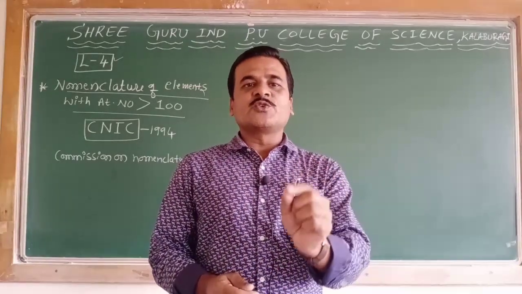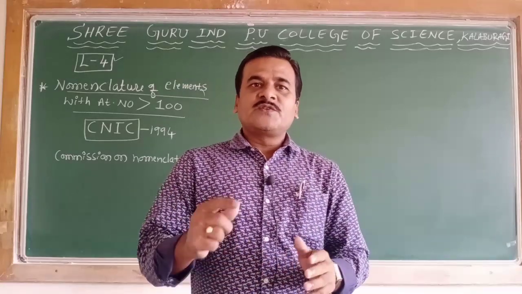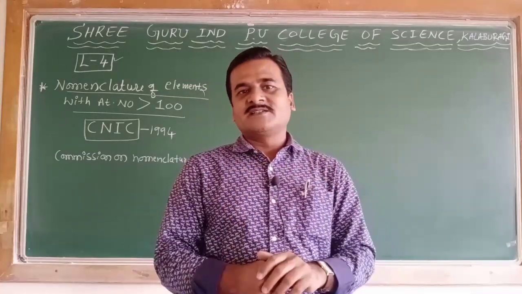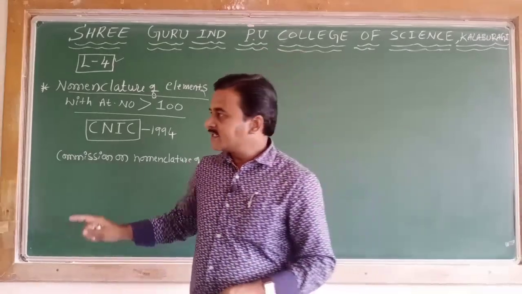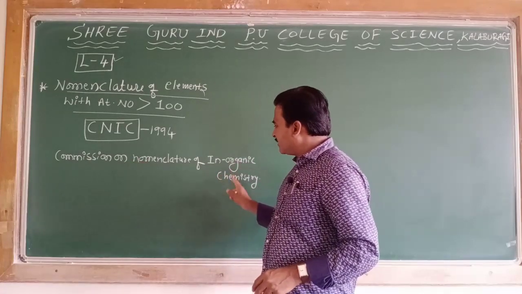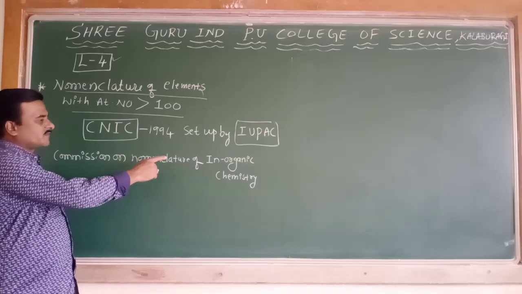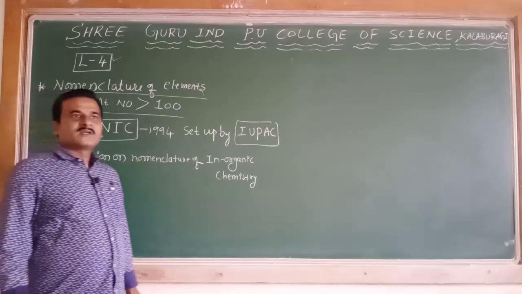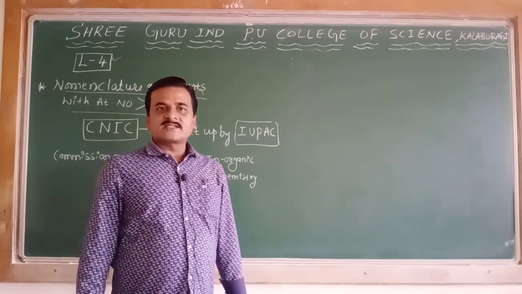IUPAC, International Union of Pure and Applied Chemistry, set up a commission in the year 1994 called CNIC, that is Commission on Nomenclature of Inorganic Chemistry, which has provided some guidelines.